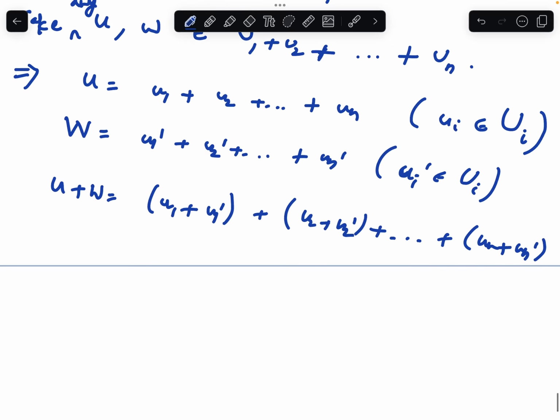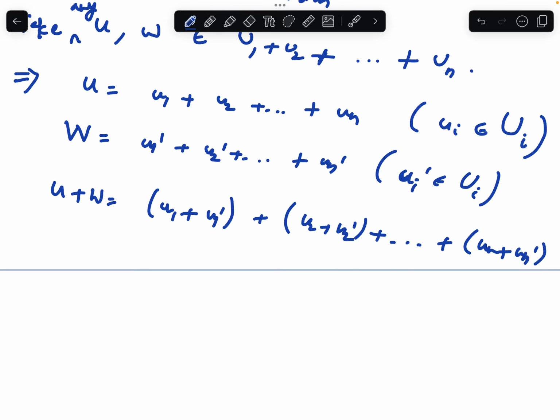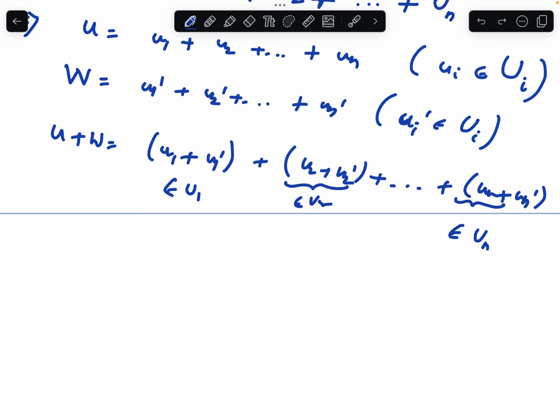Now, note that u1 plus u1 prime belongs to U1, and u2 plus u2 prime belongs to U2 because u2 and u2 prime both belong to U2, and similarly the last term belongs to Un.